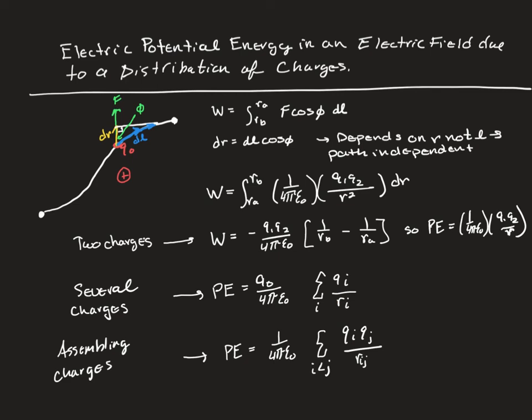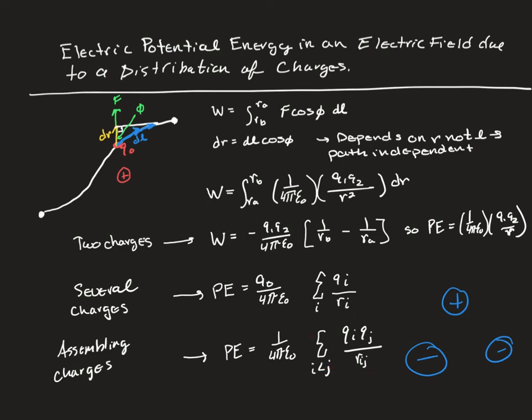And if you want to calculate the potential energy needed to assemble a field of charges, so if you want to know how much potential energy it took to get these charges in this distribution from an infinite distance away, you would use this relationship down here.